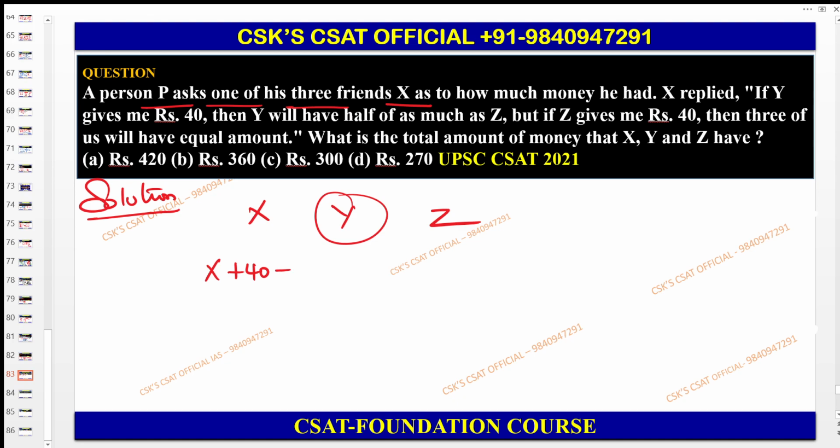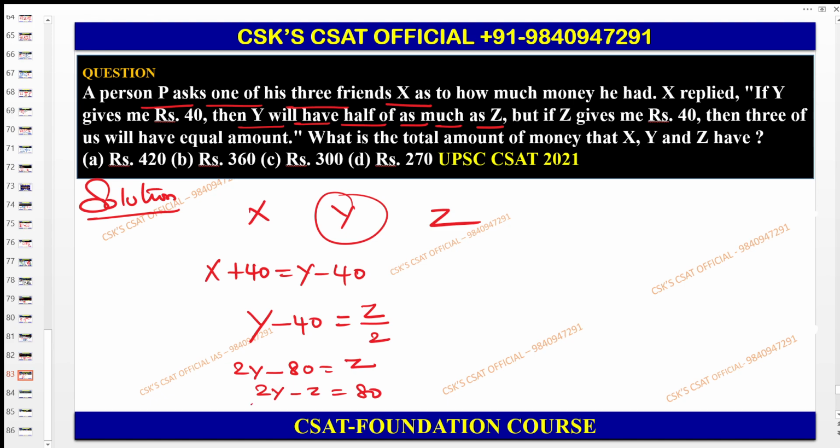Y. Y minus 40. Then Y will have half of Z. So what is the question here? Y will have means actually what is Y? Y minus 40. Will have half of Z means Z by 2. Cross multiply this one. 2y minus 80 is equal to Z. Rearrange. 2y minus Z is equal to 80. Keep this as equation number 1.